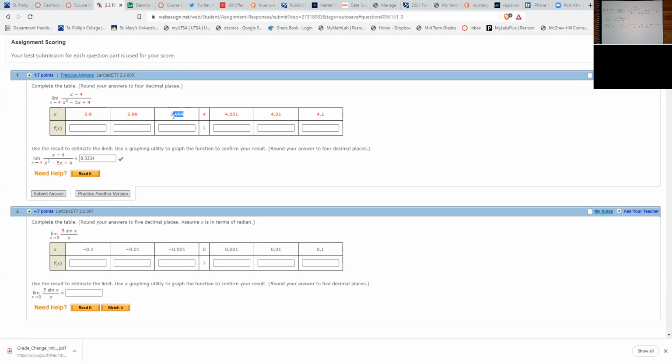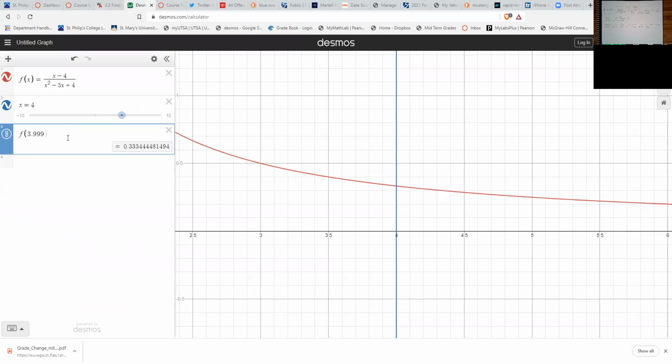I went ahead and did the last one because that's the one that's closest. These two are closest to 4. So I figure these are gonna be. Oh, okay. I see what you're saying. We're putting in the answer for the one that we didn't have. Right. So this one right here is 0.3334. Oops, my decimal didn't pop up. When I do f of 3.98, that's going to be 0.3344, right?